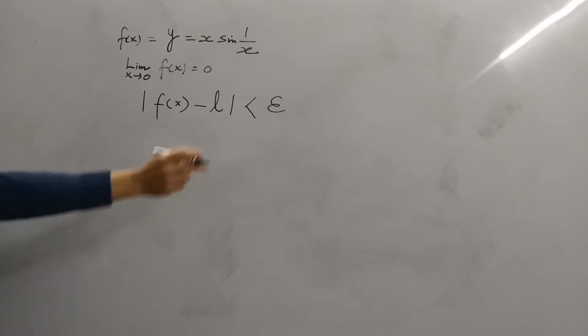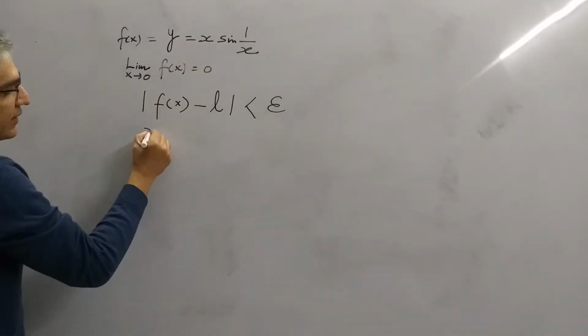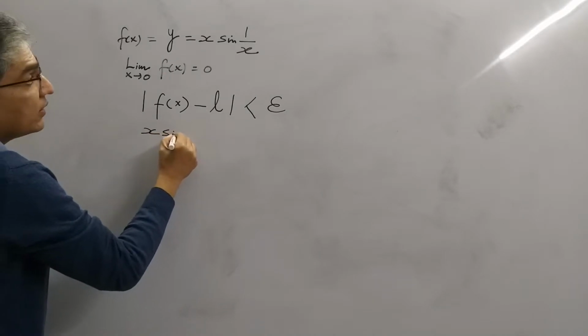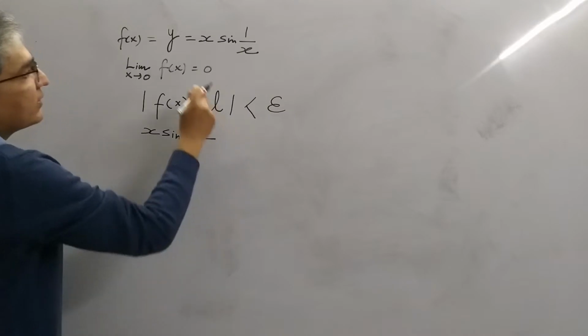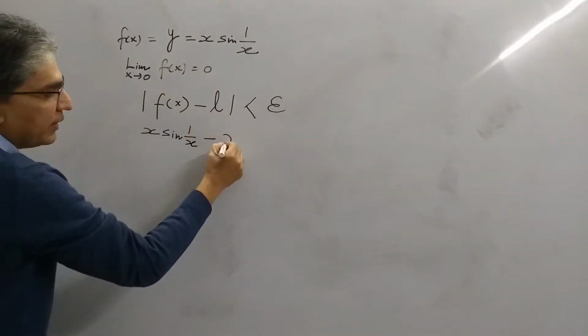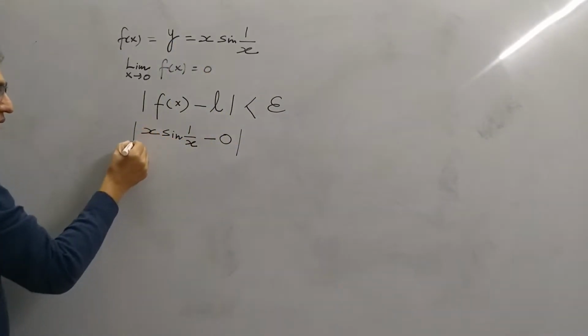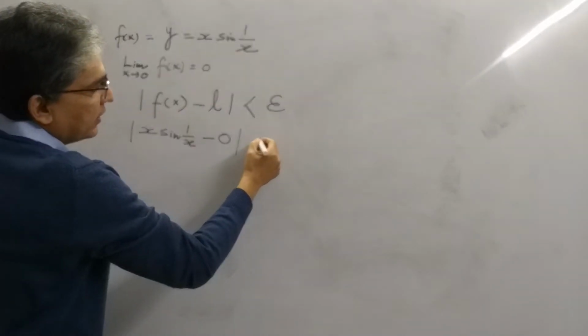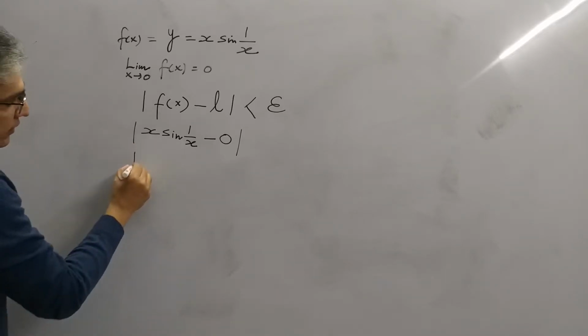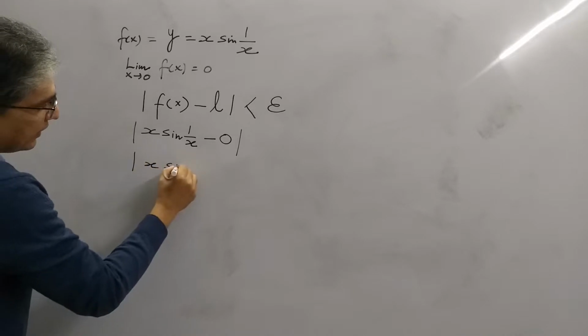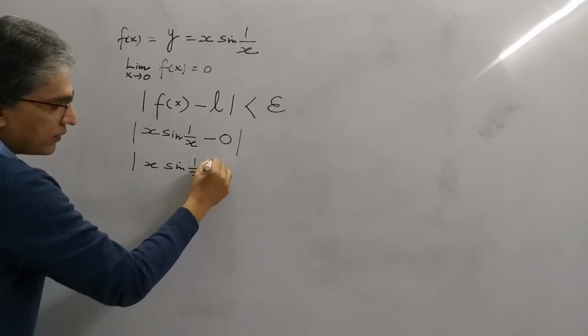Now, put your function here: x sine 1 by x minus the limit, which is 0. We are claiming that the limit is 0. This should be less than epsilon. Okay, leave it here. Now, let me proceed, then I'll bring it back. This is x sine 1 by x.